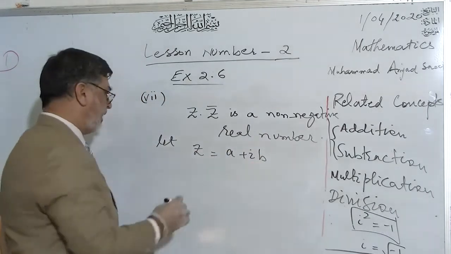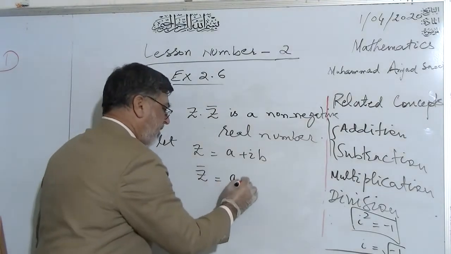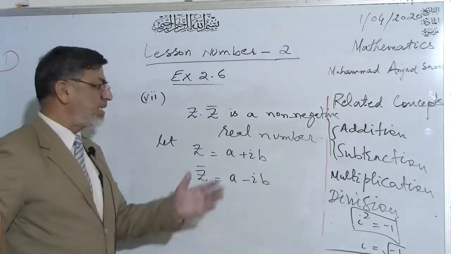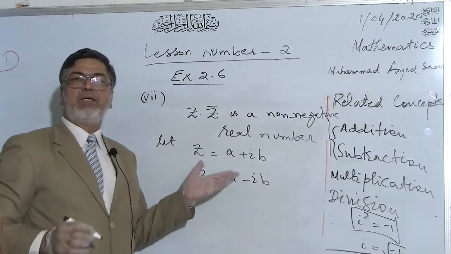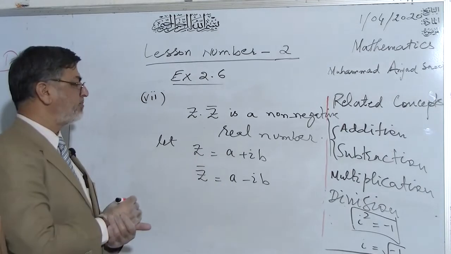What is its conjugate? By taking the bar, you simply change the sign before iota, and that becomes the conjugate of the complex number.